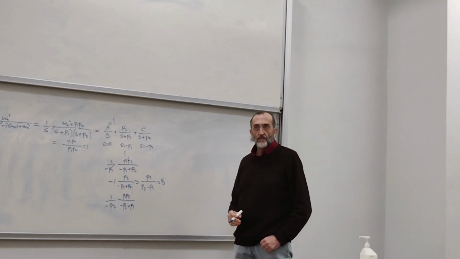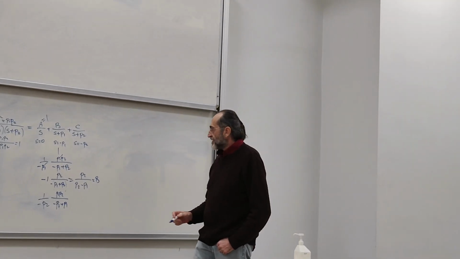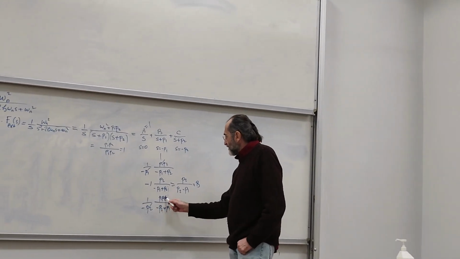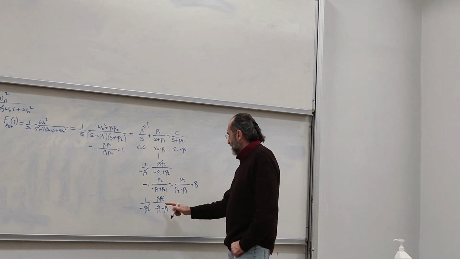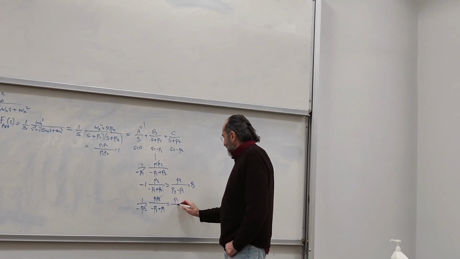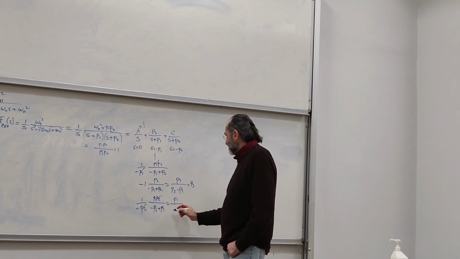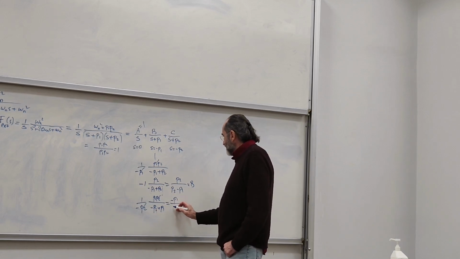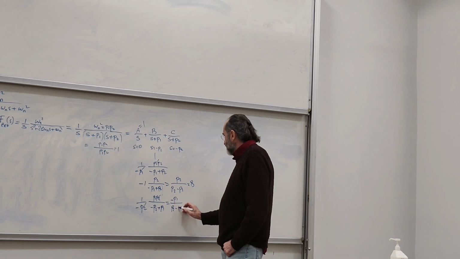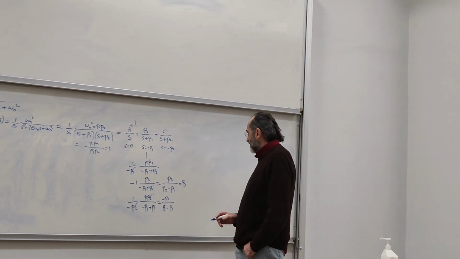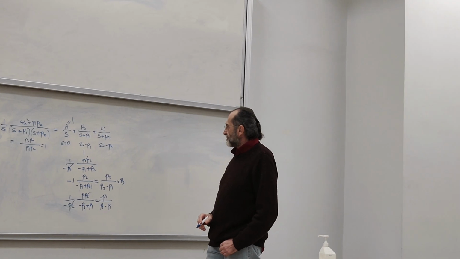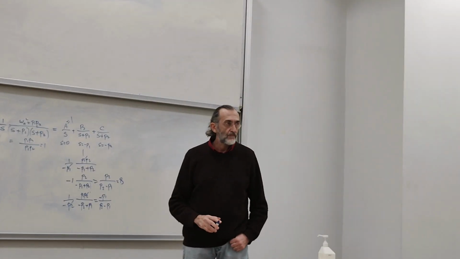And P2 cancels P2. So I have P1 divided by minus, reverses the sign here. Let's say minus P2 minus P1. So that the two are equal to that.